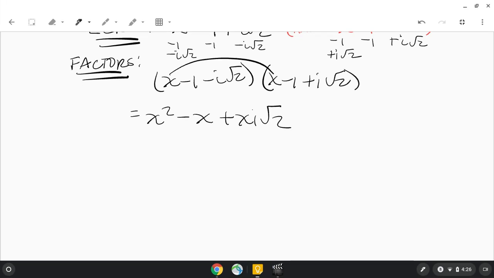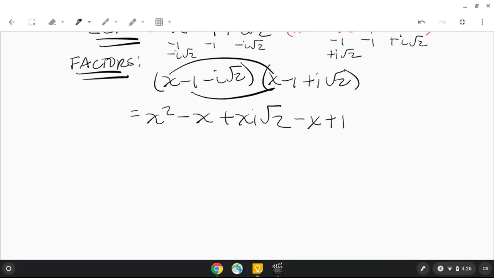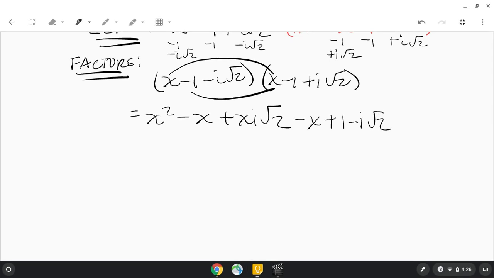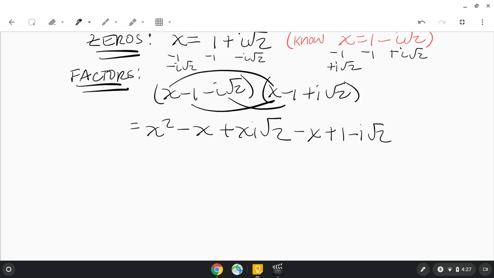Now I'm going to distribute the negative 1 to all of those terms, so I get negative x, positive 1, and negative i square root 2. And now I'm going to distribute this last term to all of these over here. I'm going to start on a new line here, I'm running out of space.